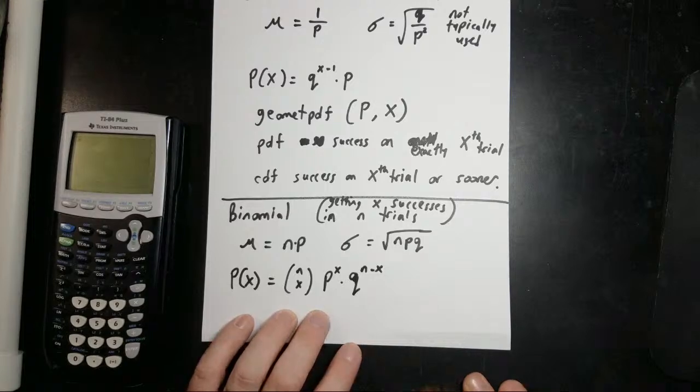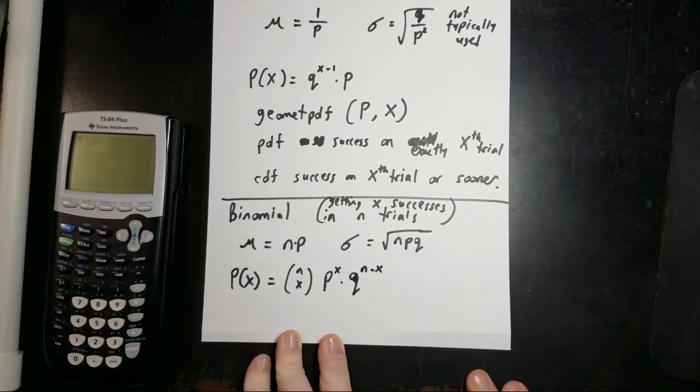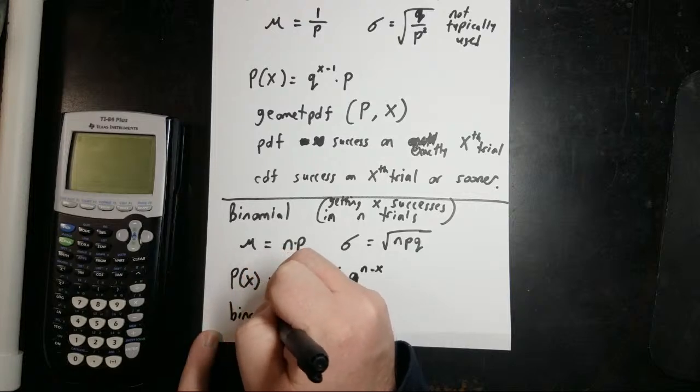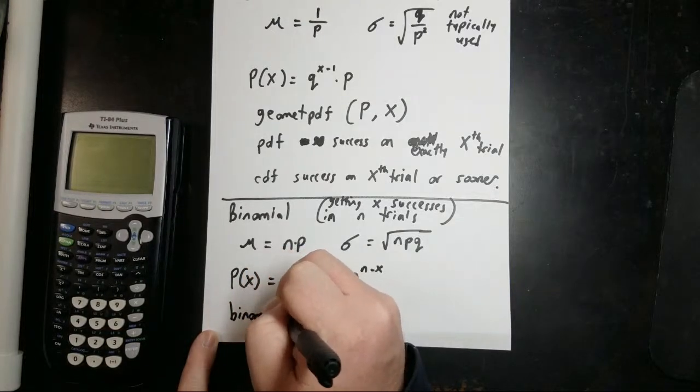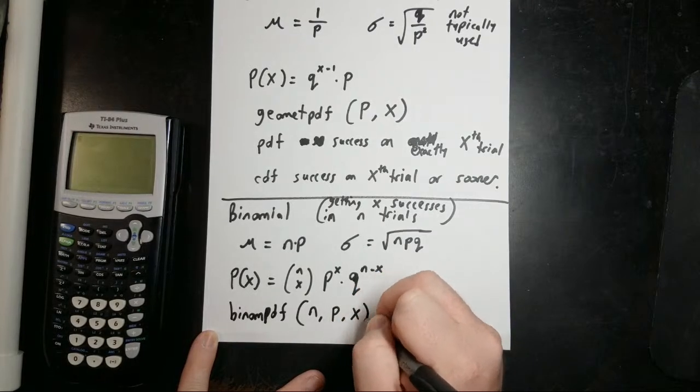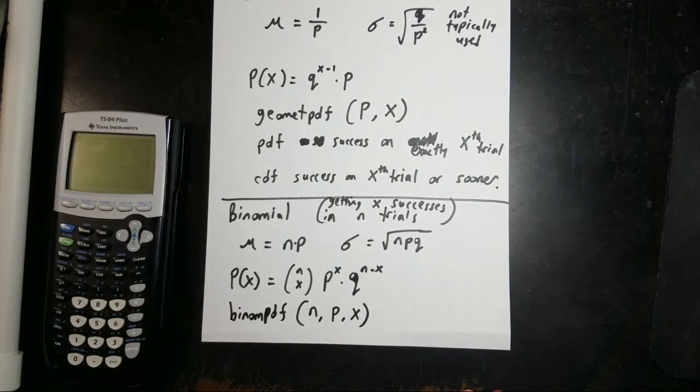Of course, for the 2020 test, there will be no multiple choice, so I'm almost certain you won't have to worry about that. Now, in terms of binompdf, the order in which you would type it into the calculator would be N, P, X: N being the number of trials that you're performing, P being the probability of success, X being the number of successes that you're looking to get.